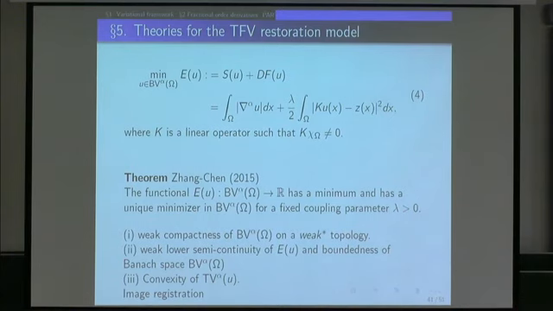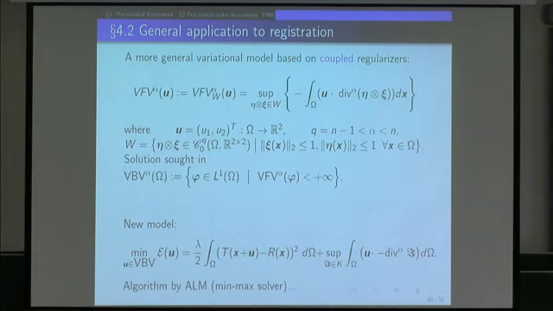For image registration, I didn't show the slide, with this space we construct a BV alpha. You can show that the solution with this model also exists in that space.